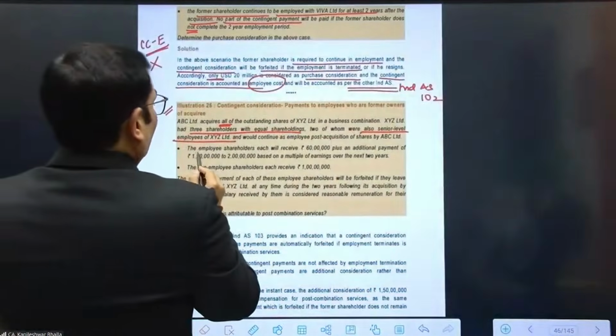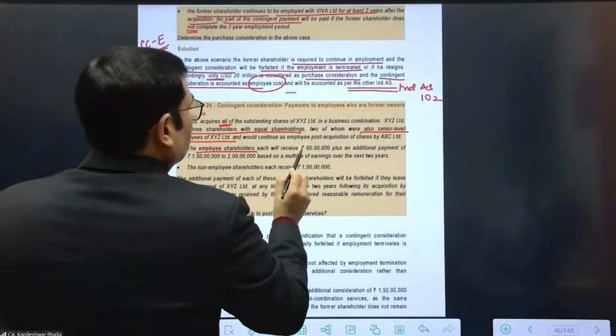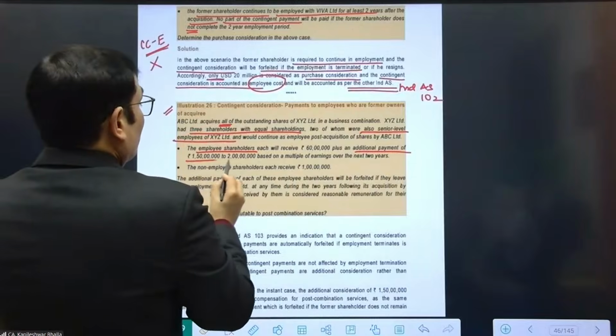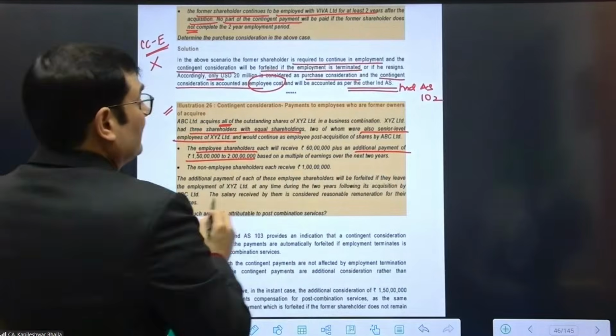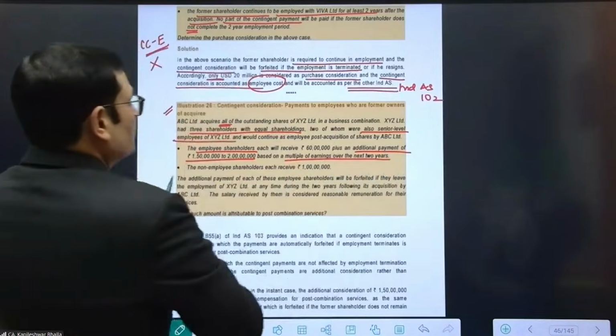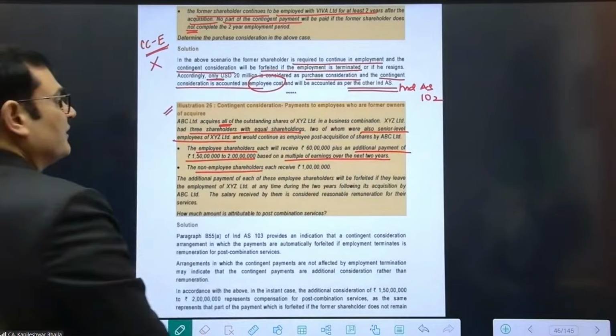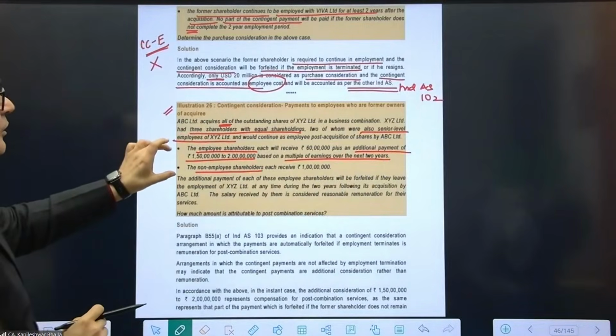It says the employee shareholders each will receive 60 lakhs plus an additional payment ranging from 150 to 200 lakhs based on the multiple of earnings over the next 2 years. And the non-employee shareholder will receive 100 lakhs. Now, there are 2 different sets of payments.